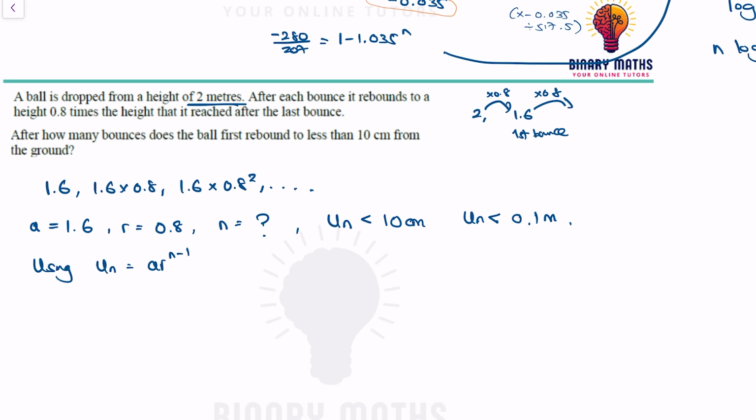we have 1.6 times 0.8 to the power of N minus 1 has to be less than 0.1 meters. Which means 0.8 to the power of N minus 1 must be less than 1 over 16 when we divide both sides by 1.6.